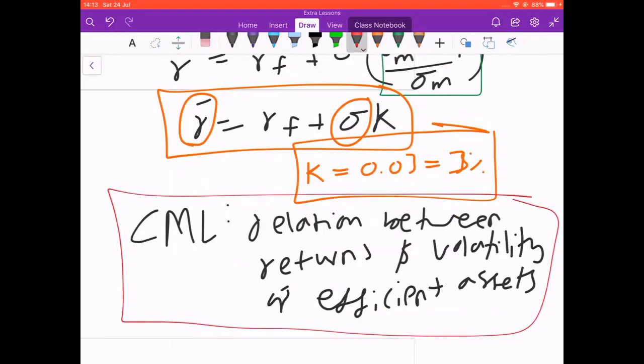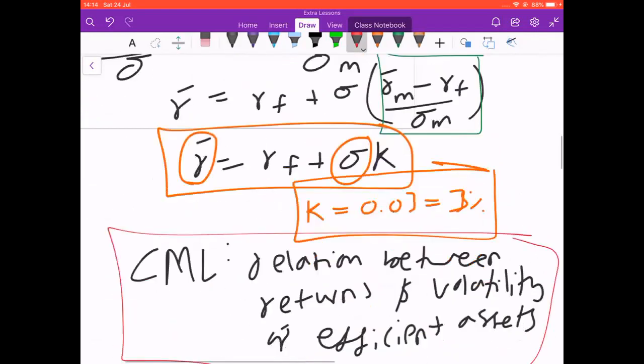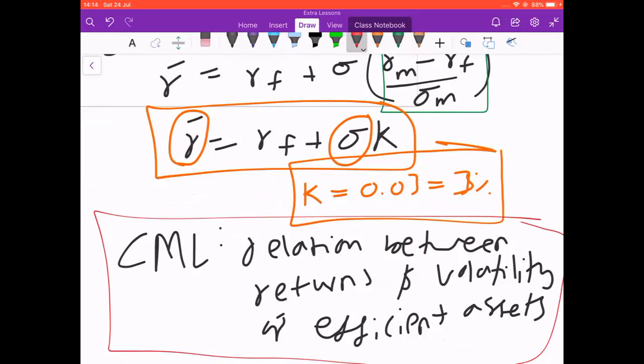As you can see, there's a problem with this concept: it says nothing about assets that are not efficient. So we become clueless when the assets are not efficient. What happens if the asset does not lie on the capital market line? We know that not all assets will lie on the efficient frontier. Actually, it's quite rare for assets to lie on the efficient frontier, right?